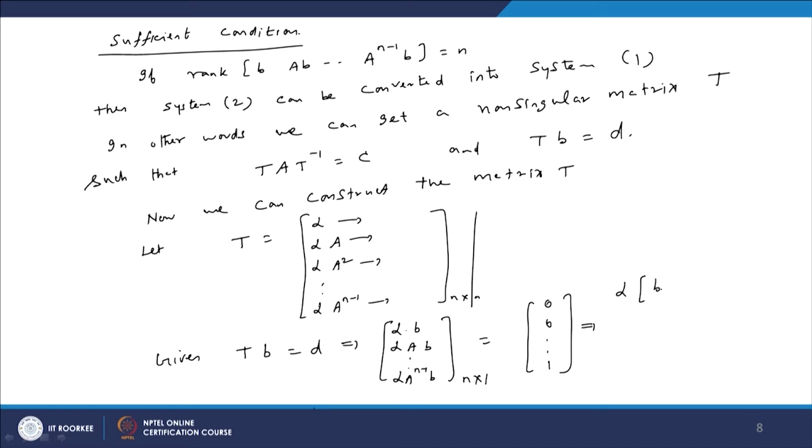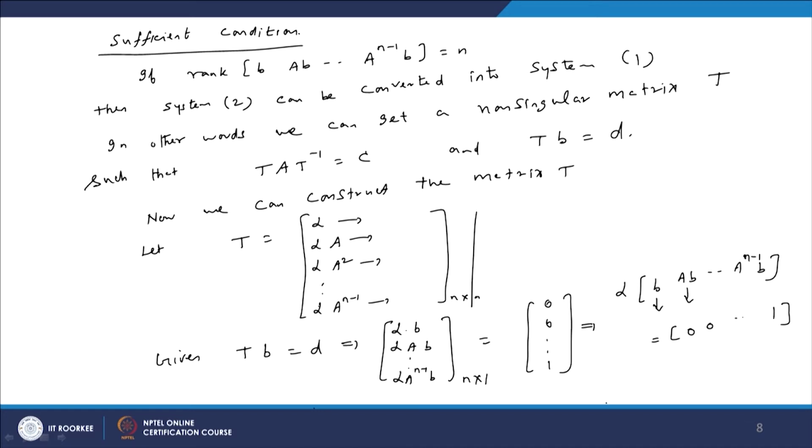So, if you write B as the first column, then AB as the second column, up to A power n minus 1 B, that is the nth column, and take alpha common outside, we will get all the entries. Alpha into B, the first element, is 0, alpha AB, the second element, is 0, and the last element is 1.